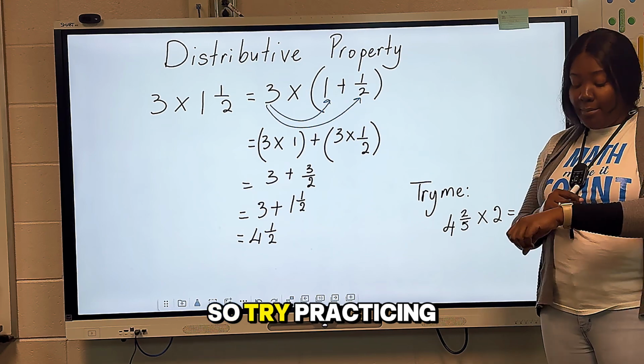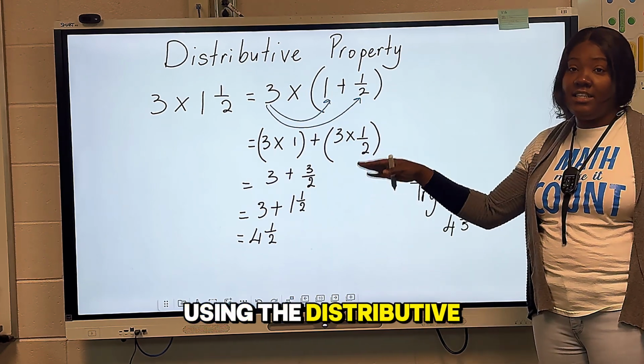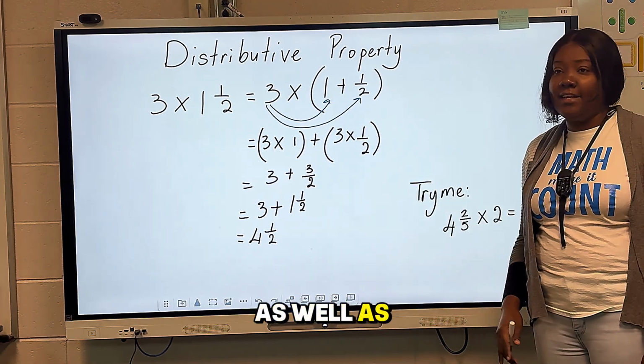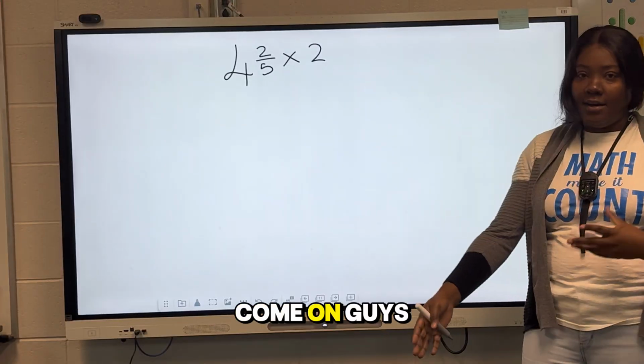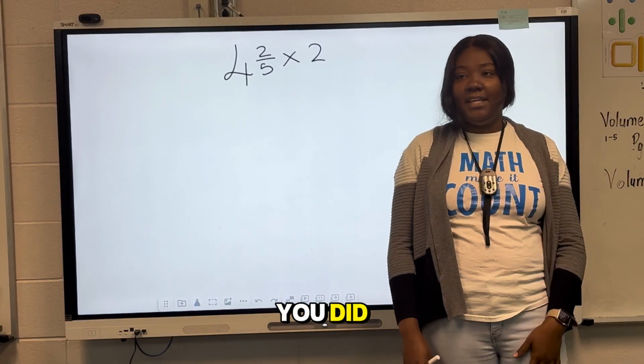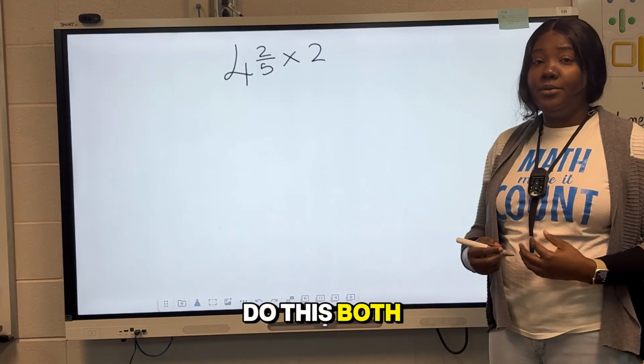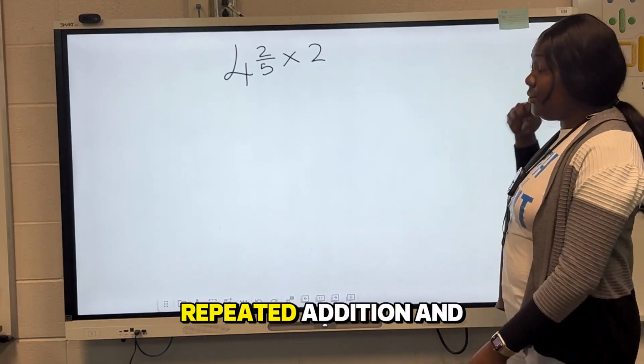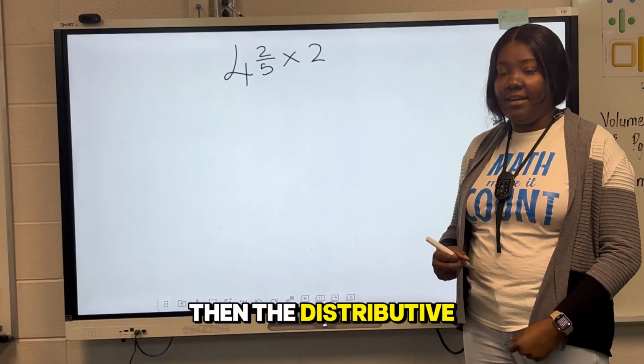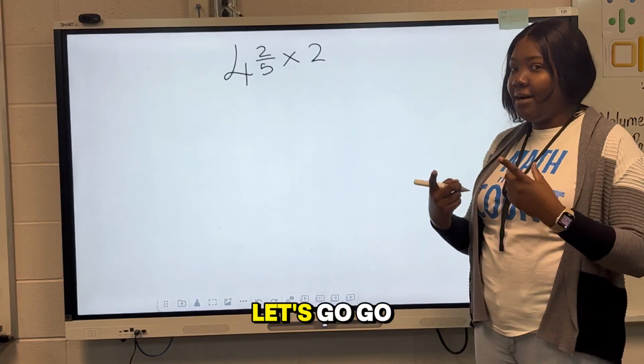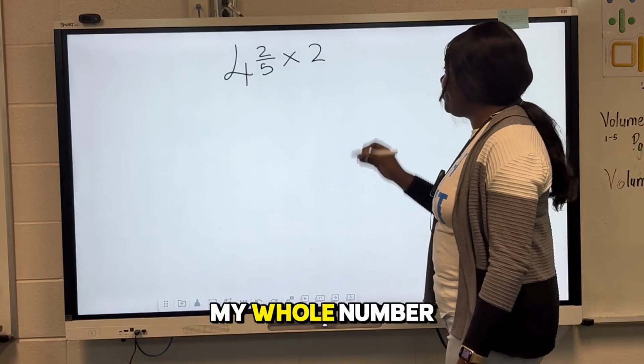So try practicing using the distributive property as well as the repeated addition. Come on, guys, let's see what you did. Now I'm going to do this both ways. I'm going to do repeated addition and then the distributive property.